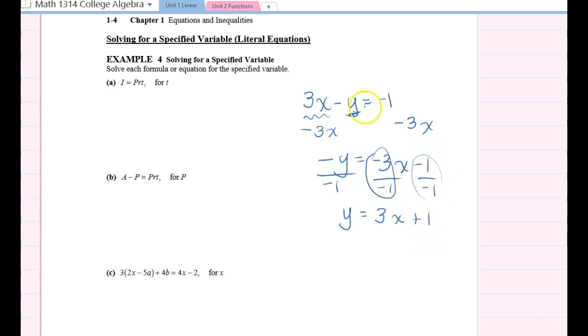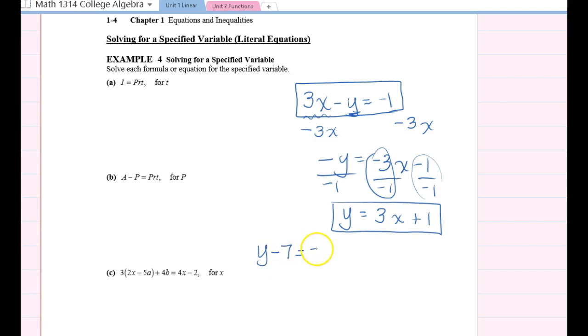So we have started with this form of a linear equation in two variables, and we solved this linear equation in two variables. The other thing that we can see, and we're going to practice that as well, is what if we had something that looked like y minus 7 is equal to 3x minus 2? Well, again, if we're solving for y, I'm going to have y is equal to 3x minus 6 plus 7. So I did two steps here.